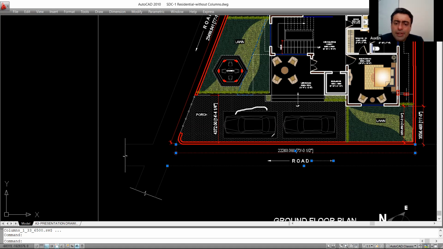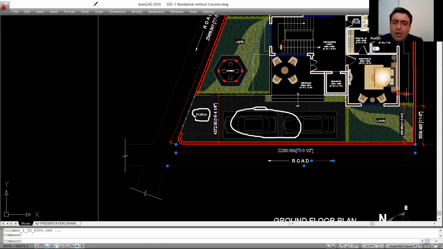This portion we generally call the porch. You can see the porch being written over here. There is a parking that has been provided. They have indicated 2 cars that can be parked back to back in this porch.